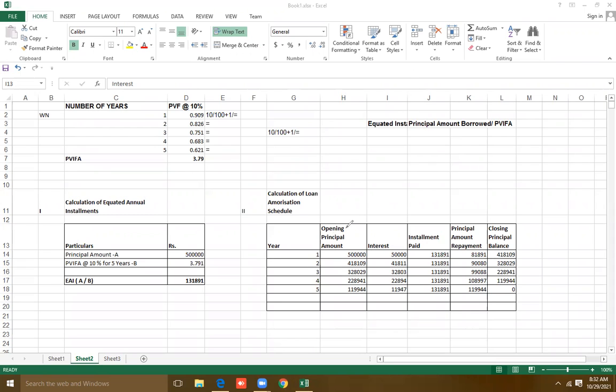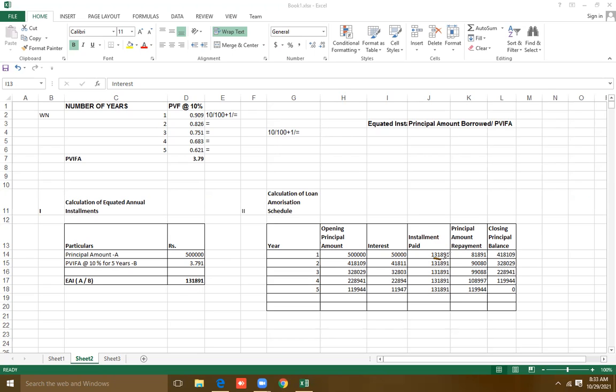Interest you will always calculate on the opening balance. So 5 lakh into 10%, the interest amount will be 50,000 for the first year, which the bank will charge from the customer. And the installment amount we have calculated, 1,31,891, will be the same for all the 5 years. Installment amount will not change.